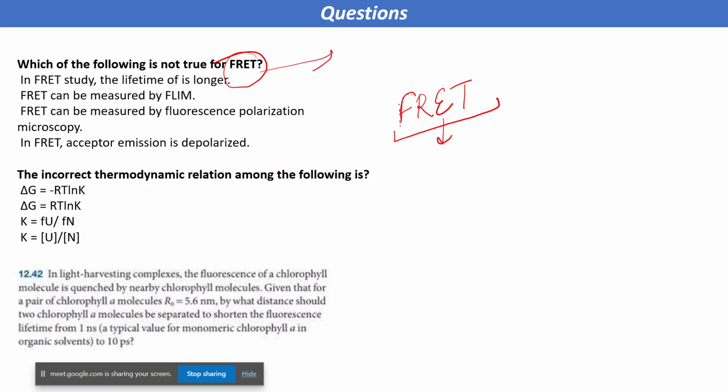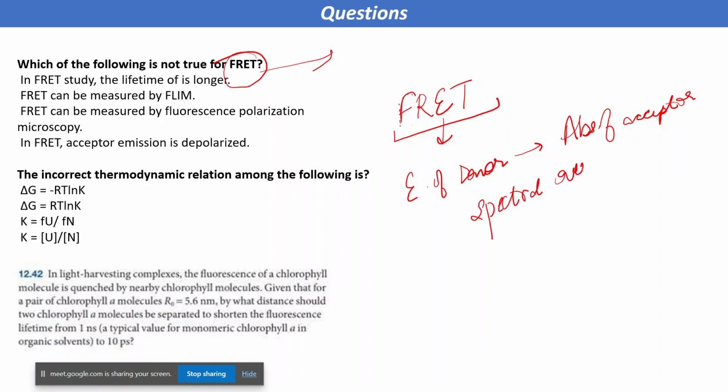So we know that what happens in FRET is that the emission of the donor overlaps with the absorption of the acceptor. That is, there is a spectral overlap. Second, we discussed that the distance should be less than 10 nanometer.